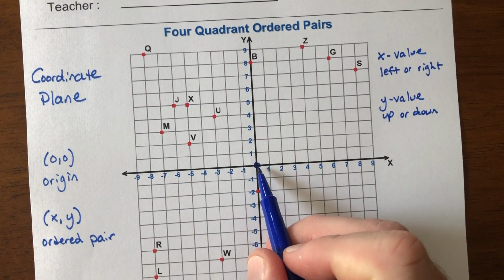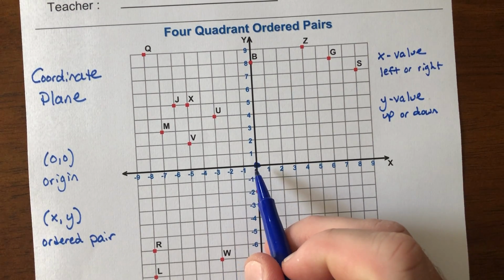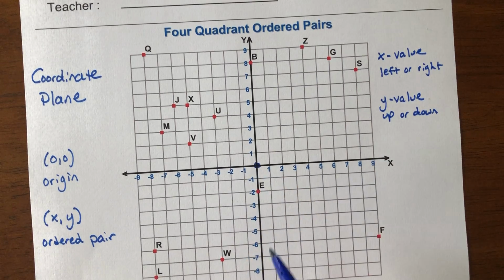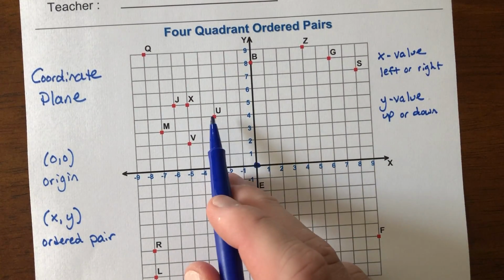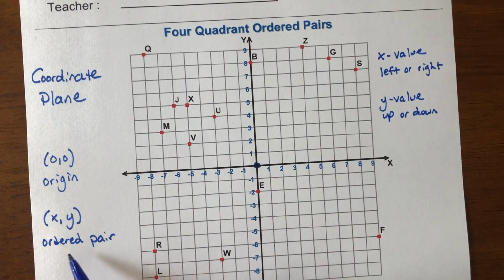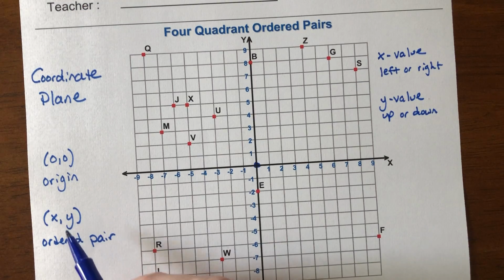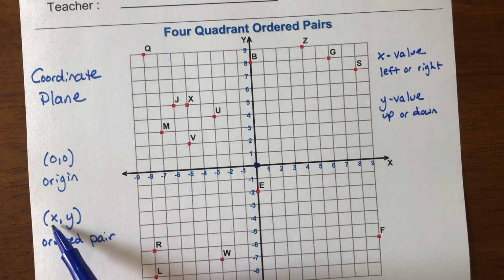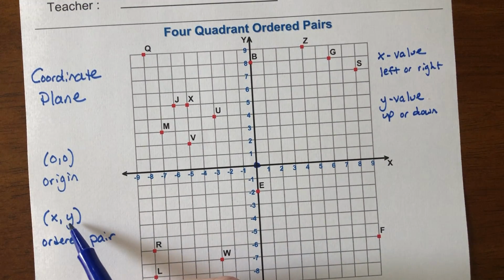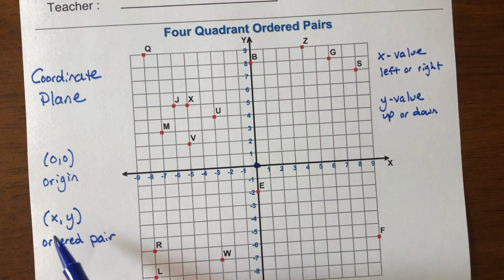And the point right in the middle is 0, 0, and that's called the origin. When we graph, we're always going to start there. Then all the points on the graph are called ordered pairs, and they're made up of an x value and a y value. The x value always comes first, and then the y value comes second.